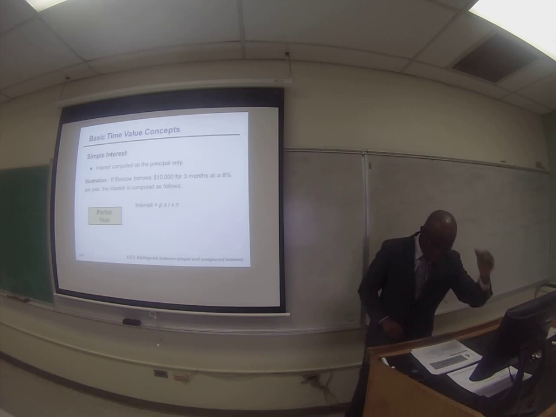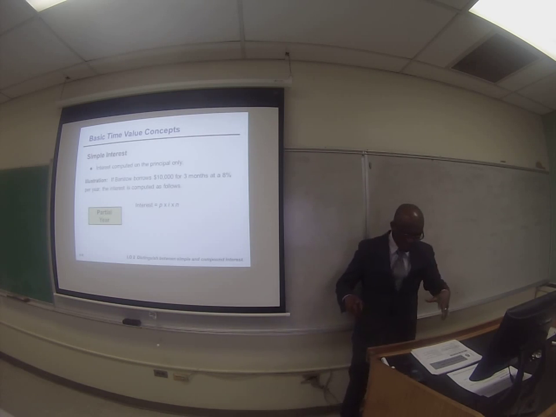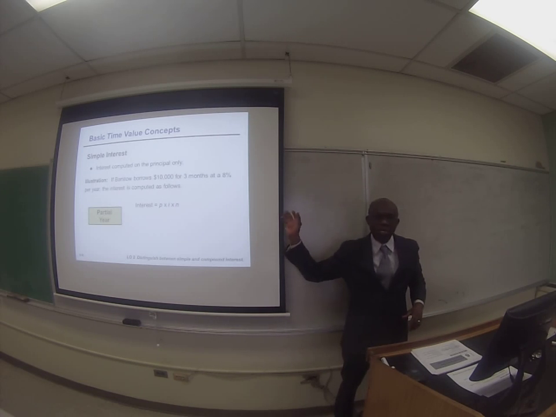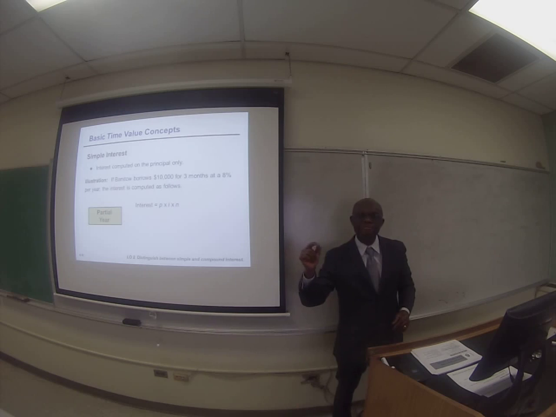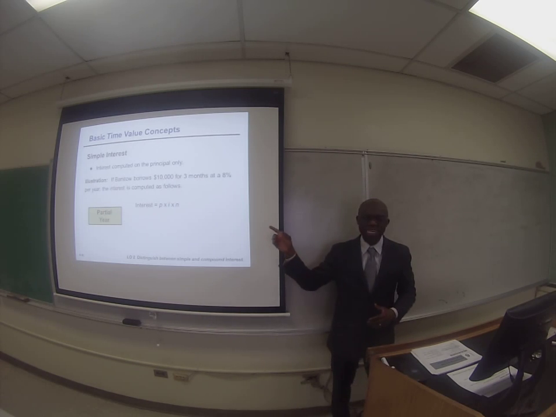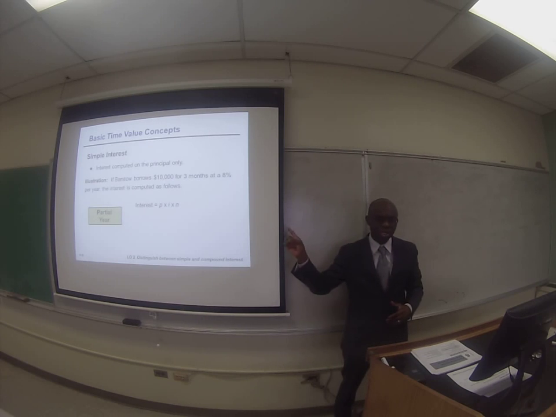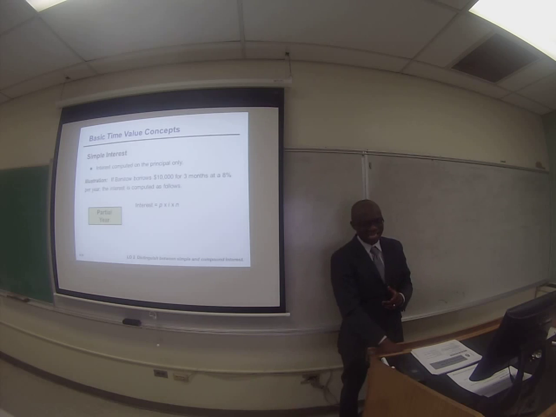Now, I want you to know that an interest rate specified on business deals or business situations automatically by default refers to a year, except if otherwise indicated. So in this case, as you can see, the 8% here refers to a year. So we borrow $10,000 for 3 months at 8% per year. So the question is, what is the interest?